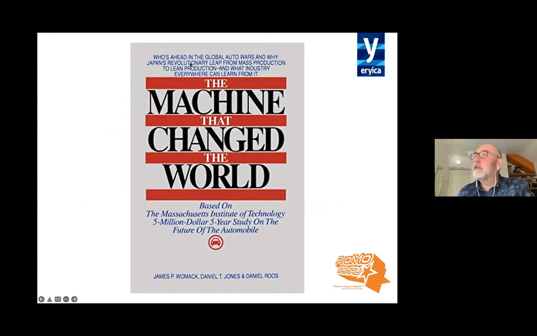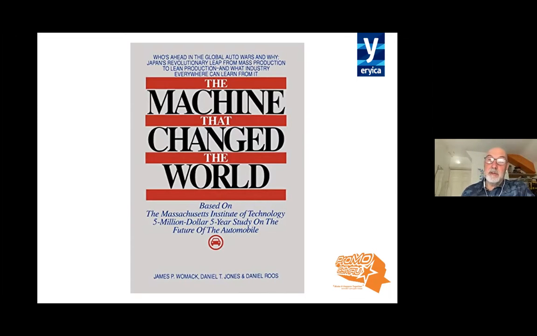If you look, you might not be able to read at the top, it says Japan's revolutionary leap from mass production to lean production. So the biggest change in the way things are made is the move from mass production to lean production. Virtually all products and services are largely made using this new methodology of lean production and not mass production.